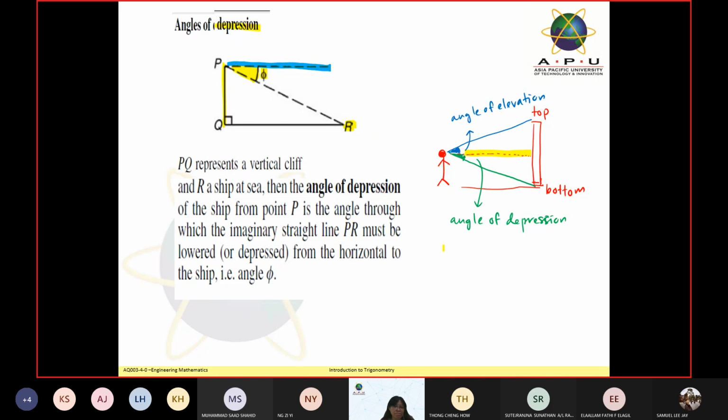Excuse me, miss. Can you repeat the angle of depression? Okay, so when we look at the person here, if the person looks down to the bottom of the building, can you see this is the bottom of the building? Then the angle from the horizontal line, this is a horizontal line, we measure from the horizontal line towards the direction of the bottom of the building.